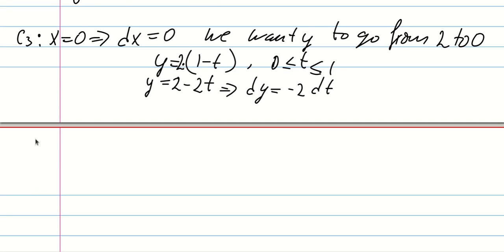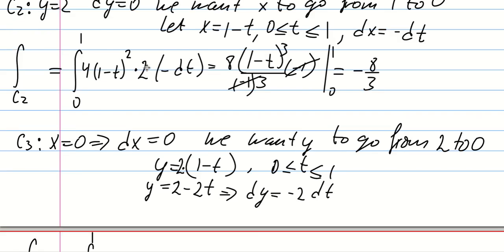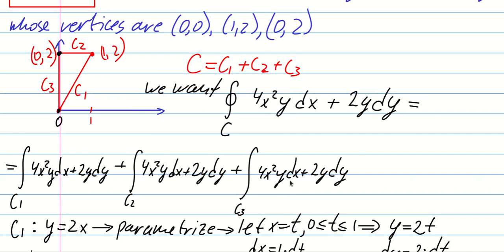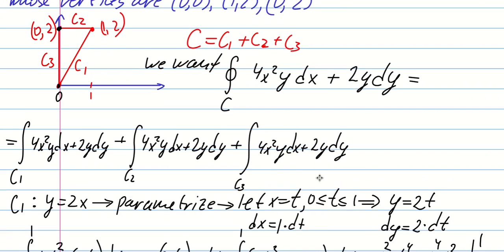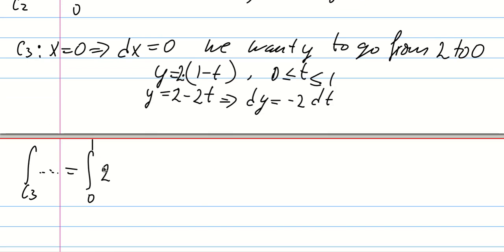So we say the integral over C3 equals the integral from 0 to 1 for t. Since dx is 0, this part will zero out, so we only have this part. So that means it's going to be 2, and for y we put 2 minus 2t, and for dy we put negative 2 dt. So what does it mean for us?